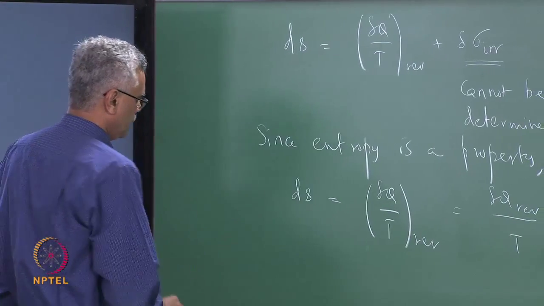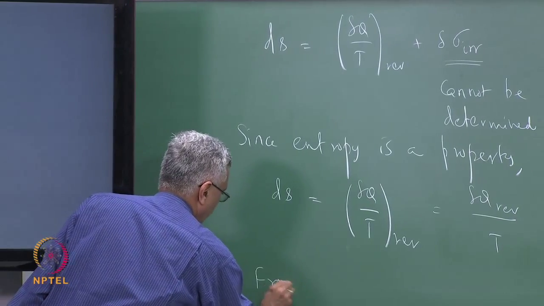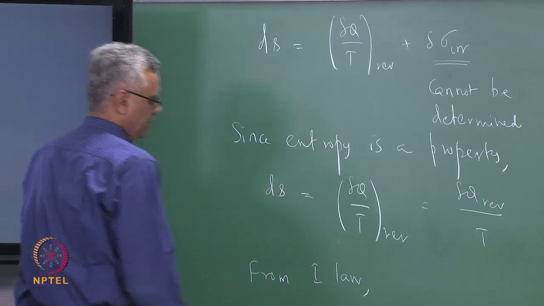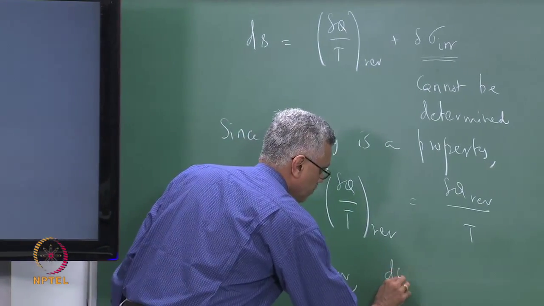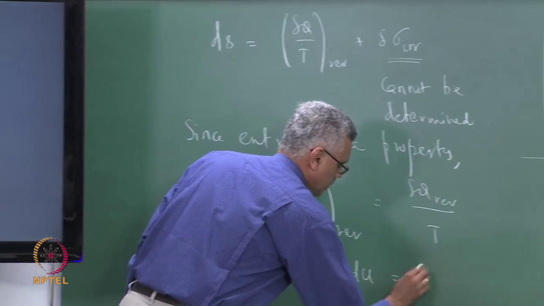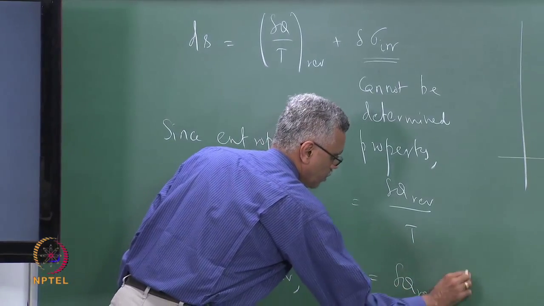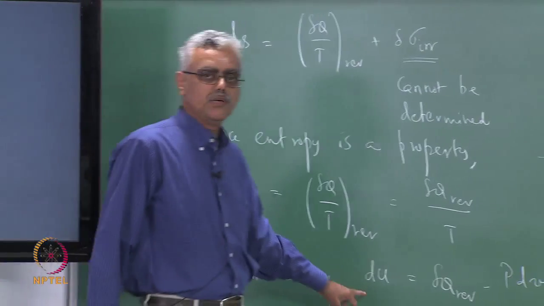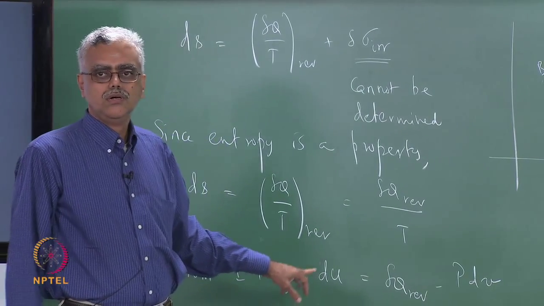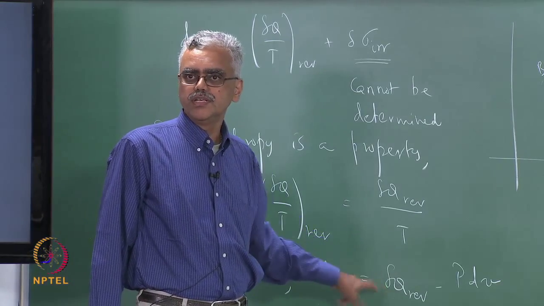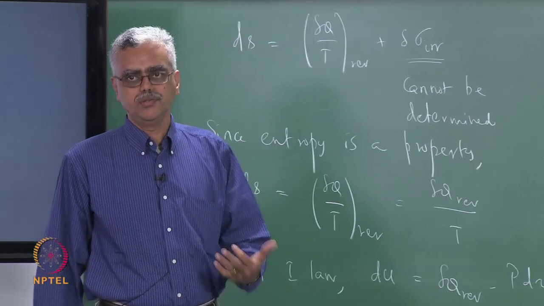Now, from the first law of thermodynamics, I can write the following. I can write du, which is the change in the specific internal energy, is equal to delta Q reversible minus P dV. Notice that this form of first law is applicable only to a fully resisted process, which is why I am writing here delta Q reversible. We cannot use this for just any arbitrary process.